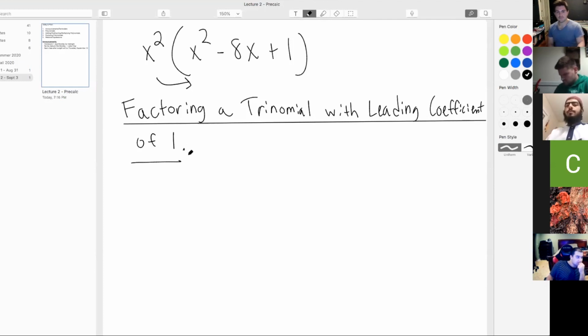So trinomial, we have the word tri in it. Tri means 3. So a trinomial is a polynomial with 3 terms. That's what a trinomial is.